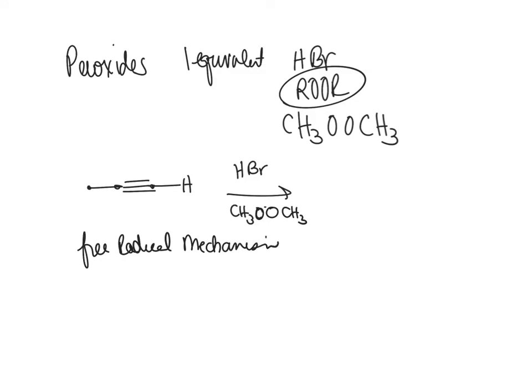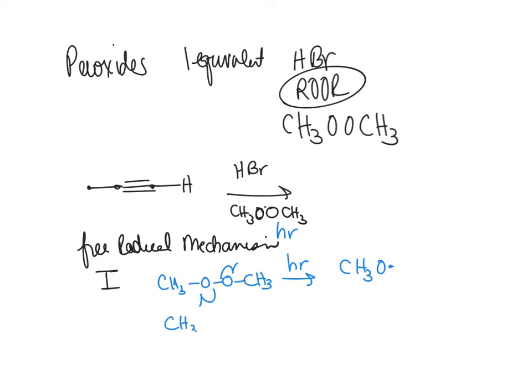So if you're to do this mechanism, you got to show initiation. So you end up having light, by the way. So CH3, this is a weak oxygen-oxygen bond. It does homolytic cleavage. And you have two initiation steps because this has to generate a bromine radical.